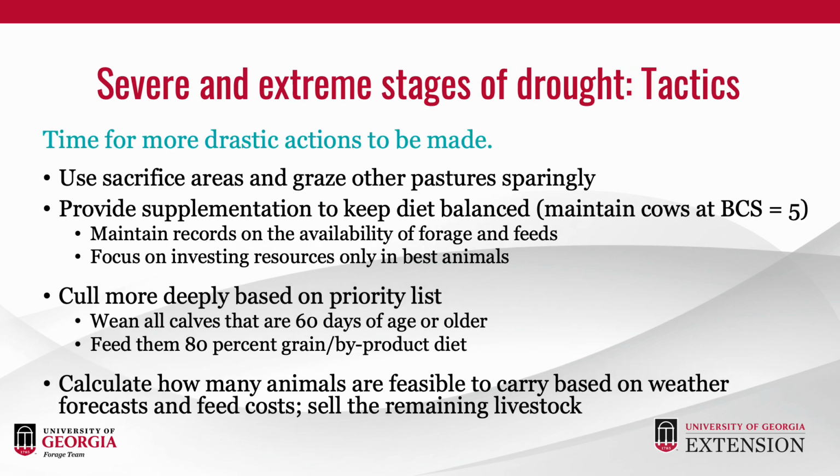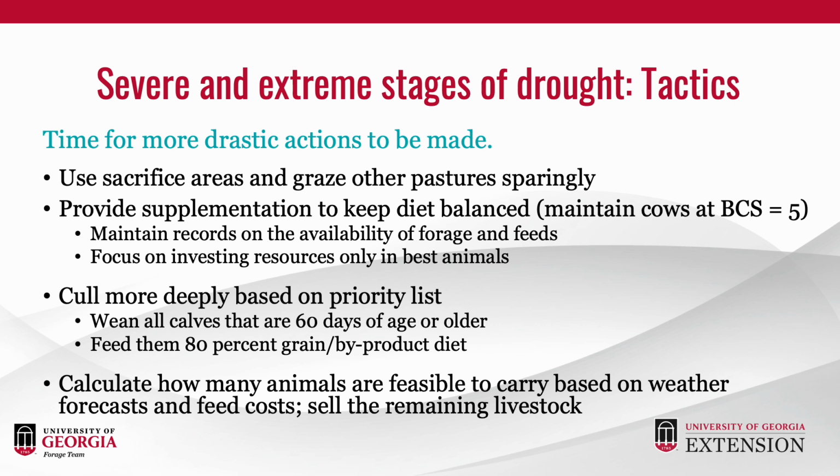Because of that, we are going to take some more drastic actions once we reach this stage of drought. We're going to use our sacrifice areas very hard and graze those other pastures sparingly. We need to provide supplementation to the animals to keep a balanced diet, again to maintain those cows at a body condition score of 5.